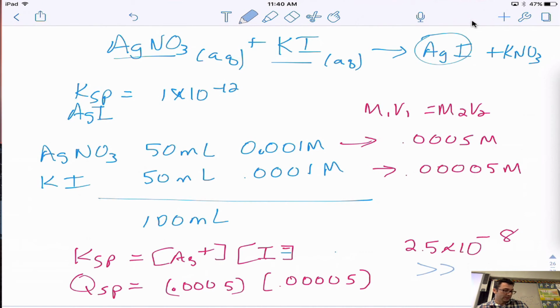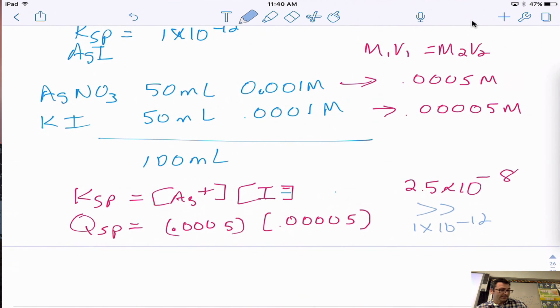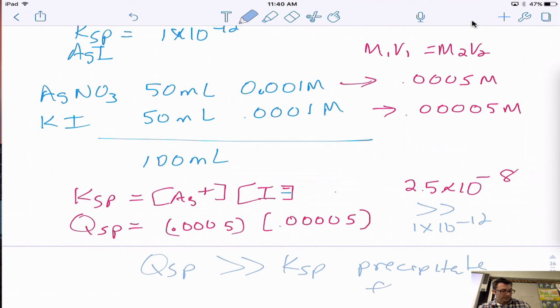The Ksp for this, we said, was 1 times 10 to the negative 12th. When this is larger, when Qsp that we just solved for is larger than Ksp, then a precipitate forms. What this is telling us is that there are enough ions present for a precipitate to form.